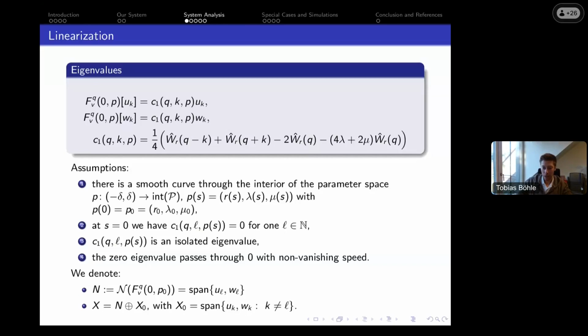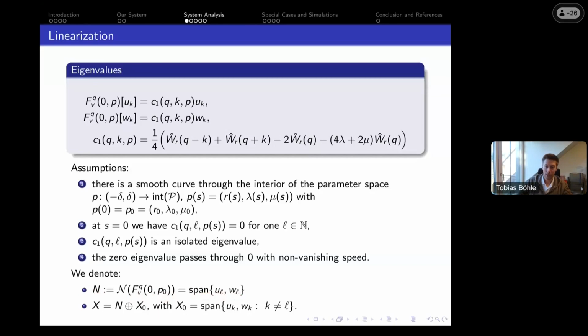Okay, and then I also want to introduce a bit of notation. So we denote N for the null space of the linearization of the right-hand side of this continuum limit. And the null space is then given by the linear span of u_L and w_L.